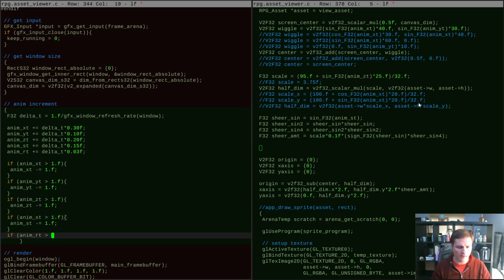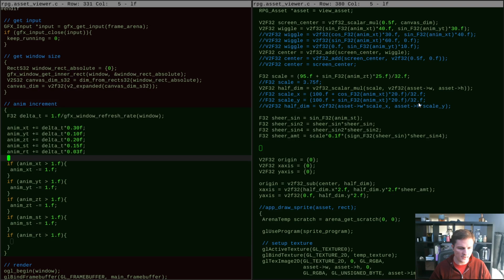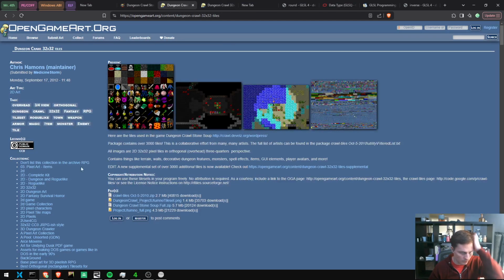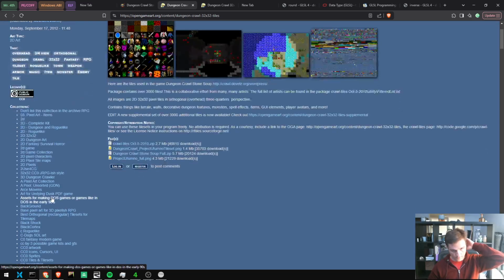I don't have a Pokemon sprite to test. I could test one if I had one. I grabbed this Dungeon Crawl Stone Soup tile set because it's on Open Game Art, so I could drop just about anything into the folder and give it a shot.